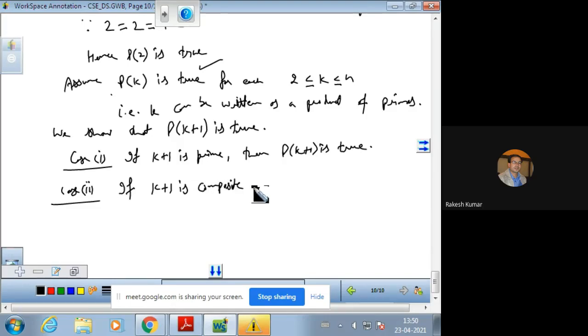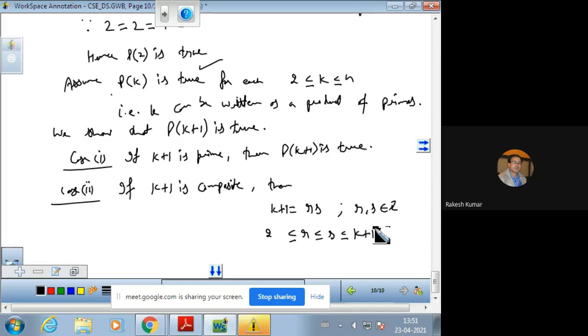So if k plus 1 is composite, then अगर ये composite है तो इसके कोई ना कोई factors होंगे, so it can be written as a product of two integers r and s. r and s are integers satisfying 2 is less than or equal to r, less than or equal to s, less than or equal to k plus 1.